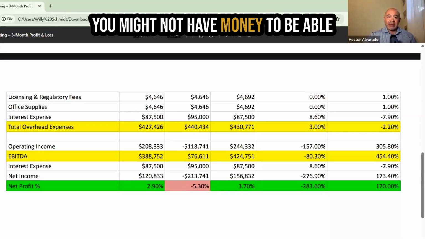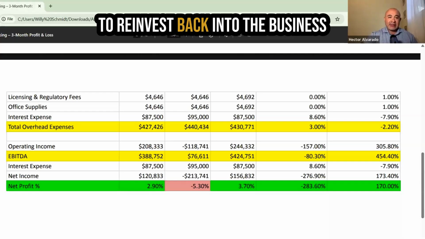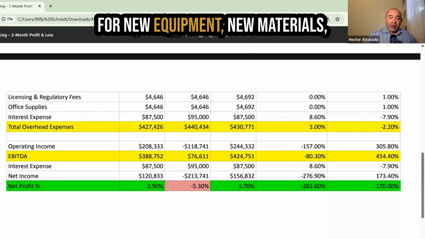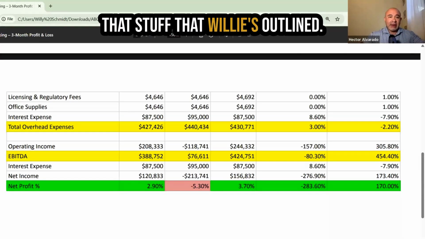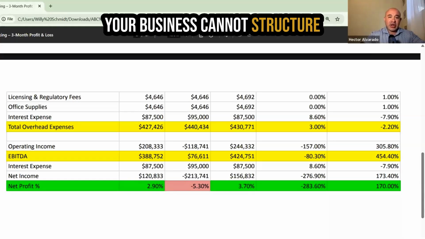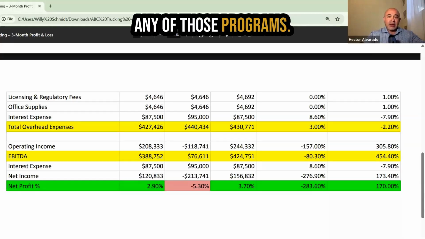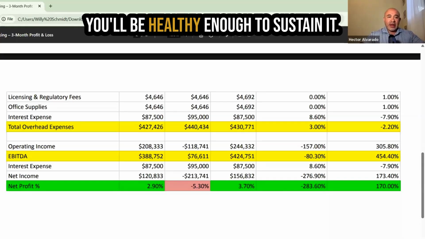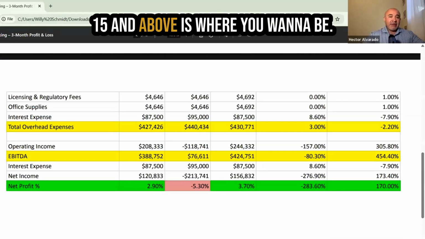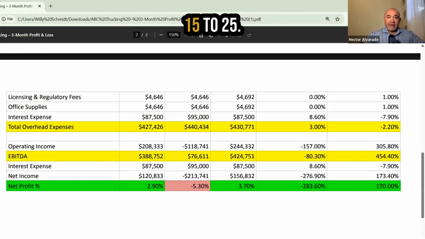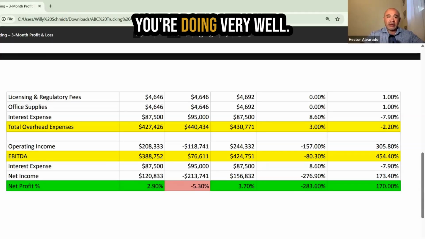You might not have money to be able to reinvest back into the business for new equipment, new materials, or salaries, bonuses, all that stuff that Willie's outlined. Your business cannot structure any of those programs. 10%, you could probably get away with it. You'll be healthy enough to sustain it. As a rule of thumb, anything from 15 and above is where you want to be. 15 to 25, you're doing very well.